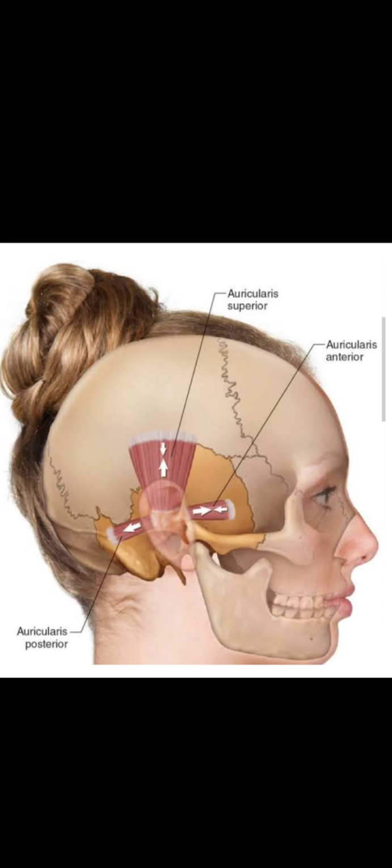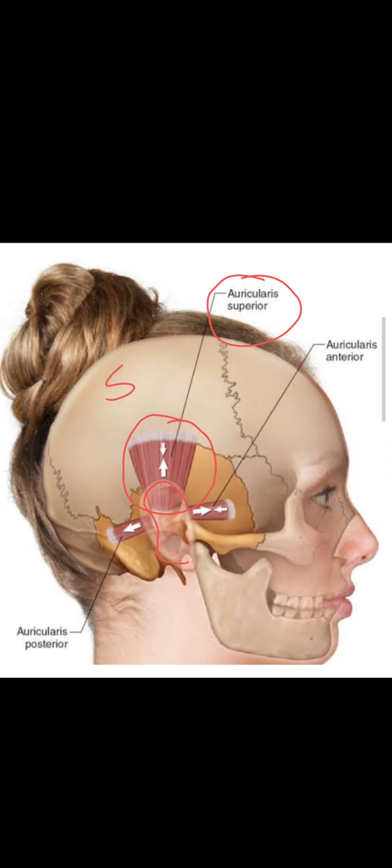You see, we have three types of muscles of the ear, or you can say that there are three types of muscle fibers that surround your ear auricle. So this is your ear auricle or pinna. The fibers that are directed towards your scalp are the Auricularis superioris.